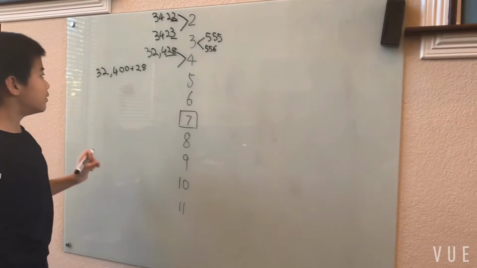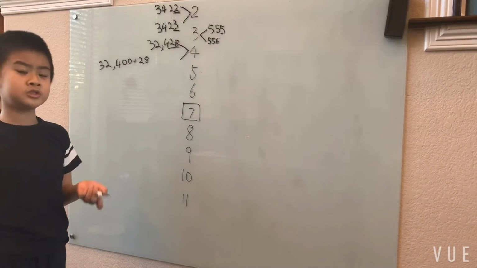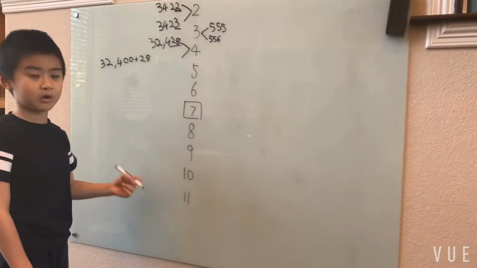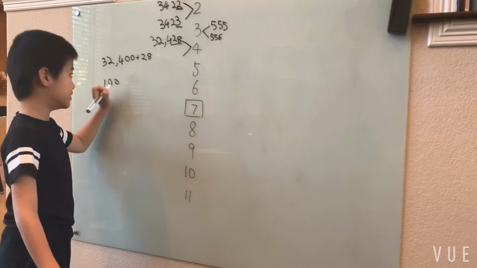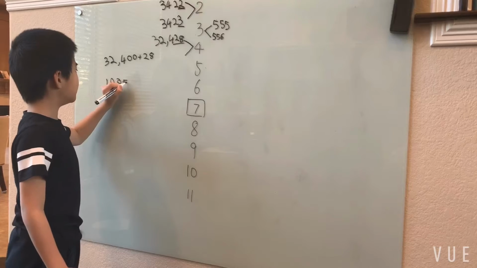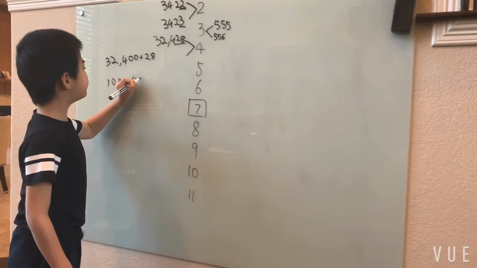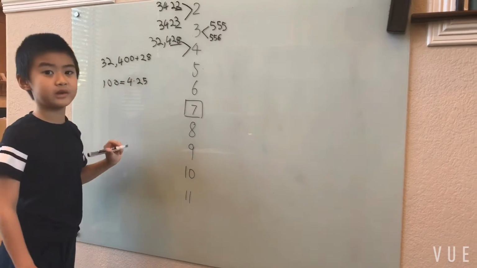Well, what's special about 4? 100 is easy to multiply by, and 100 equals 4 times 25.